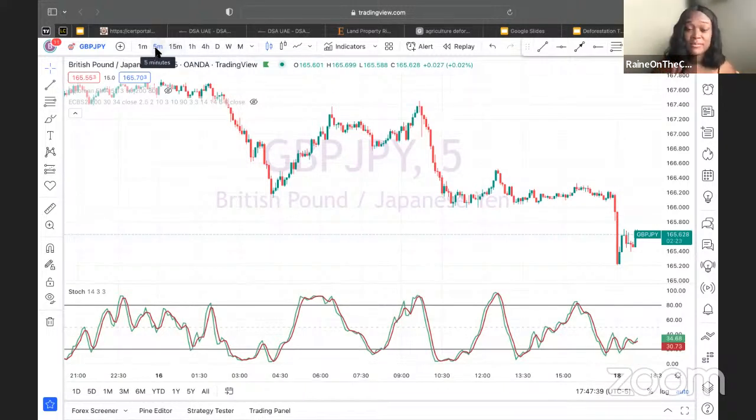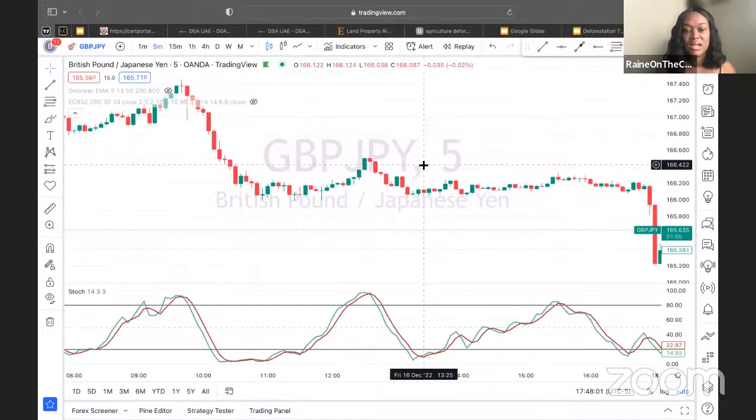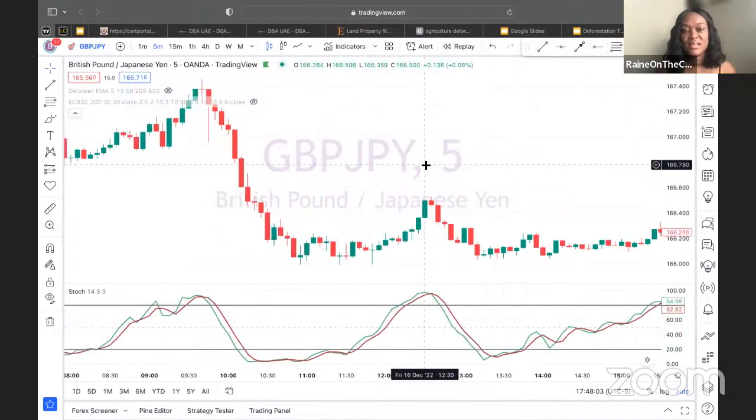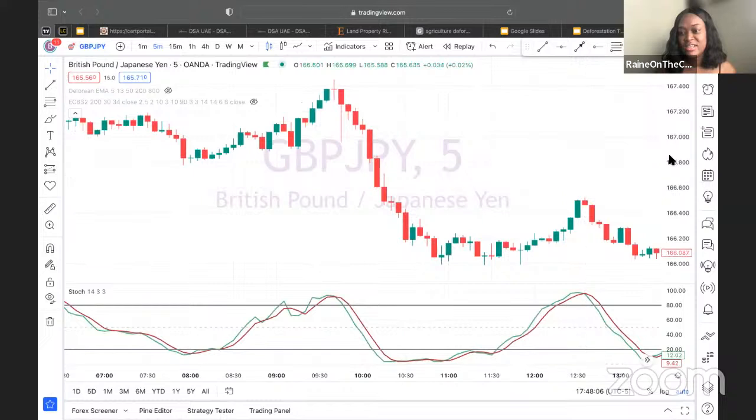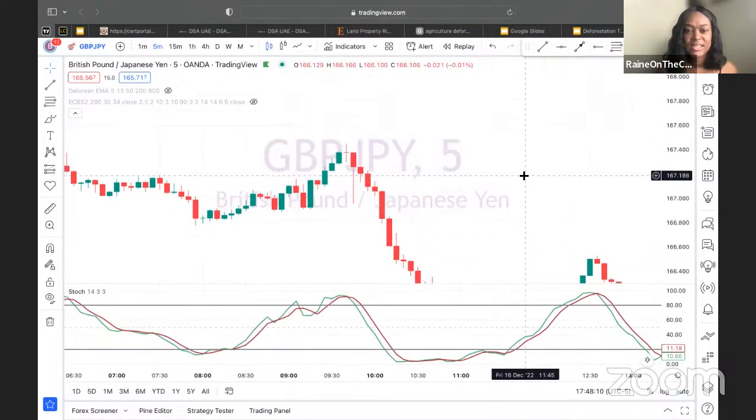When I'm doing analysis to get my entry, I actually look more at the hour and 15 minutes because I'm a scalper. So I'm trying to get in and out. I'm not trying to be in the market all day long. But let us look at this area right here.